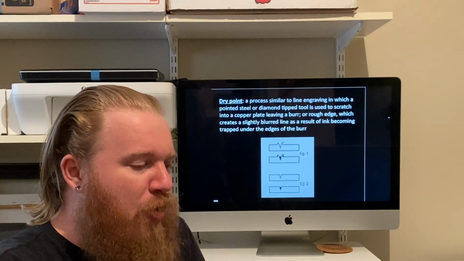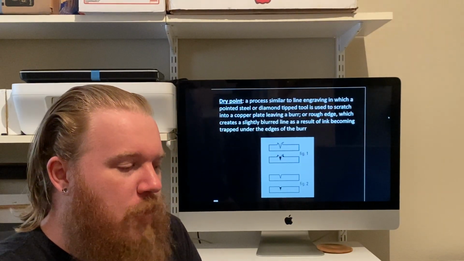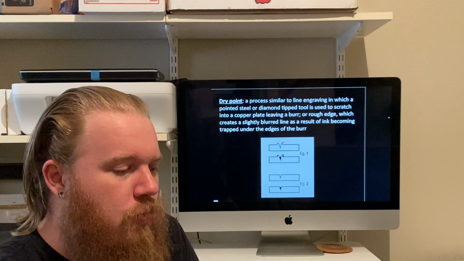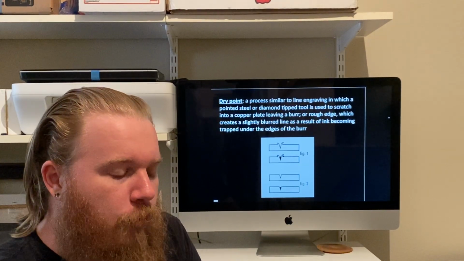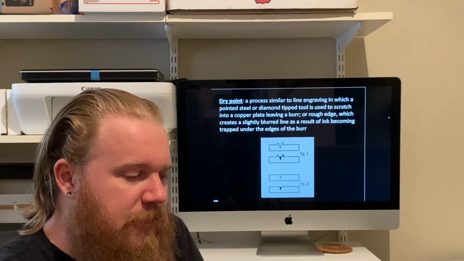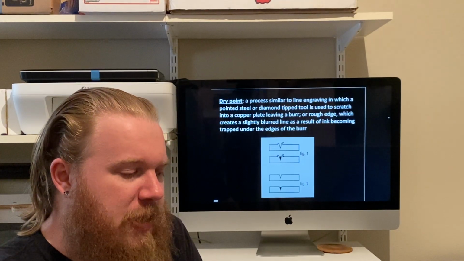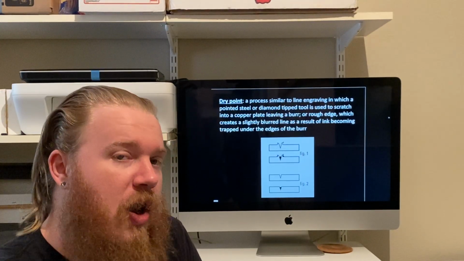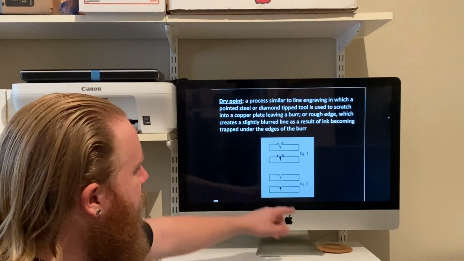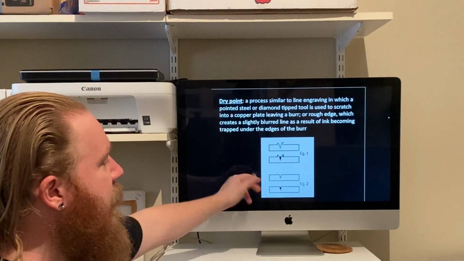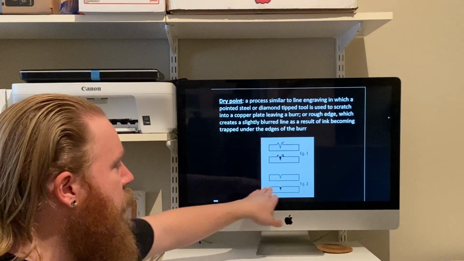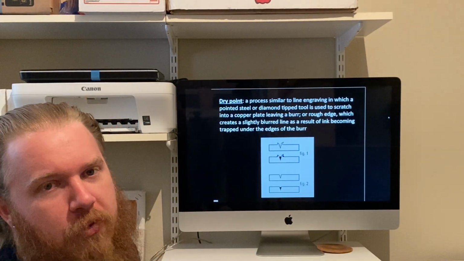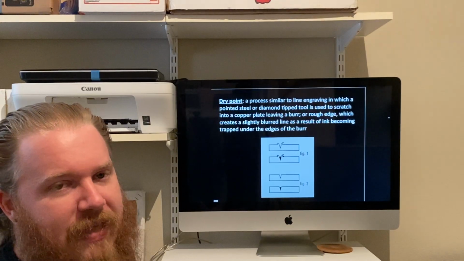Now, aside from engraving, we also have another technique that's like engraving that's known as dry point. And this is a process similar to line engraving in which a pointed steel or diamond tip tool is used to scratch into a copper plate, leaving a burr or a rough edge, which creates a slightly blurred line as a result of ink becoming trapped underneath the edges of that burr. So if we look at the figure 2 down here, this would be a metal matrix that we would use in etching. So we would polish the top of it before we rubbed ink down into it and everything like that.